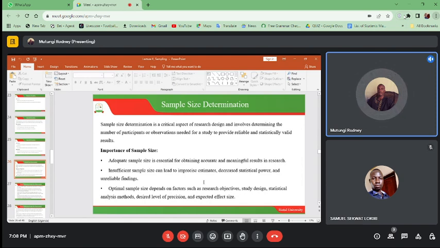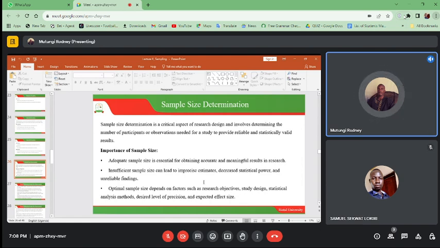Because you do not want to use a sample, and yet you need, for example, if you wanted to stop malnutrition or stop stunting, you need to use a sample that will make you generate results that are good enough that you can rely on them to put in place an intervention.